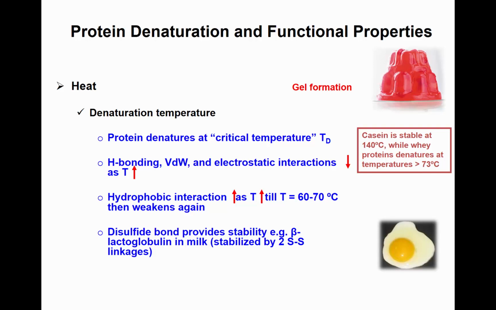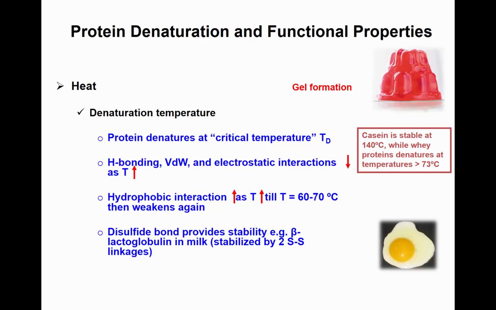So as you heat, you reduce the interactions within the molecule: the hydrogen bonding, van der Waals, electrostatic. However, hydrophobic interaction increases up to a certain point, and then it weakens again.